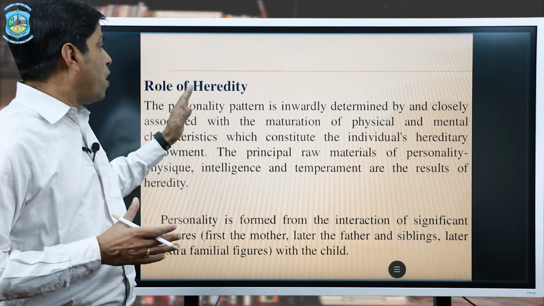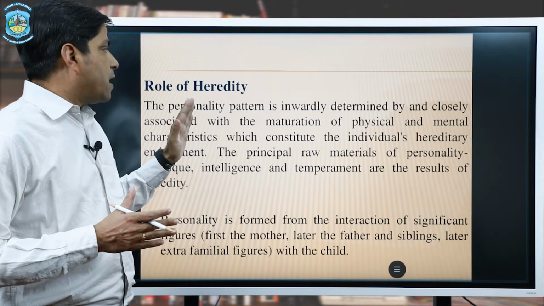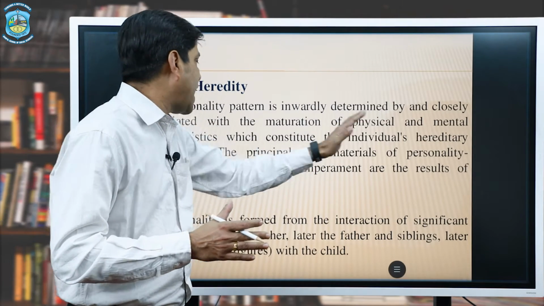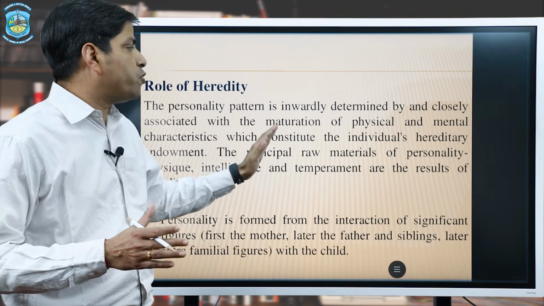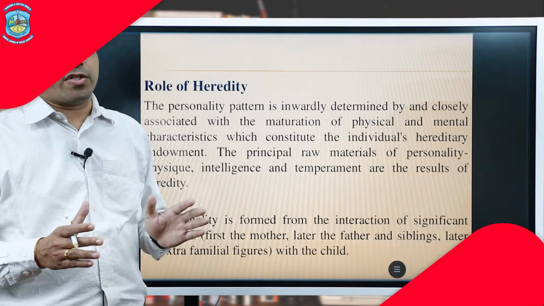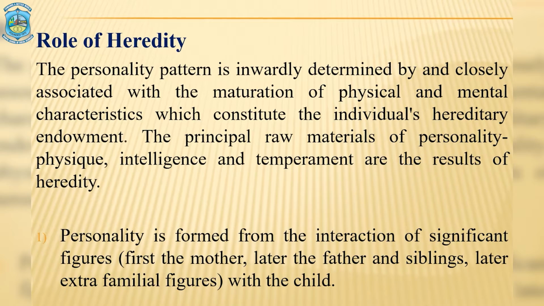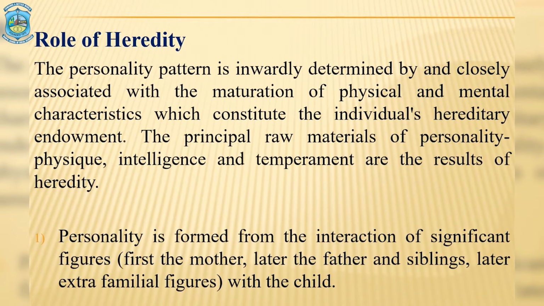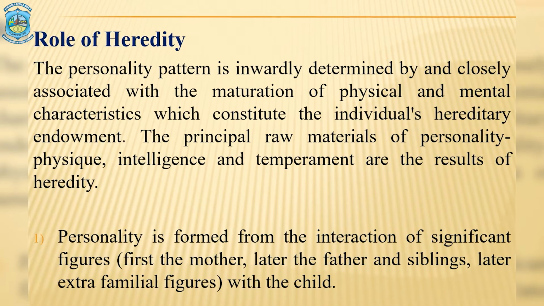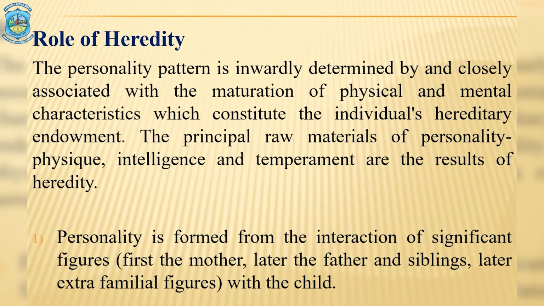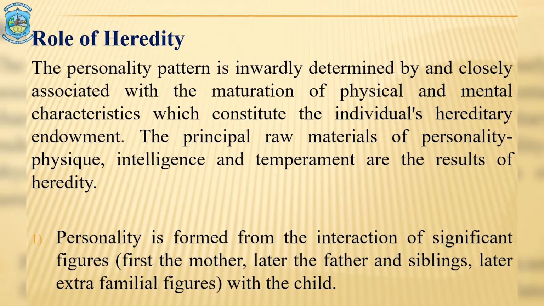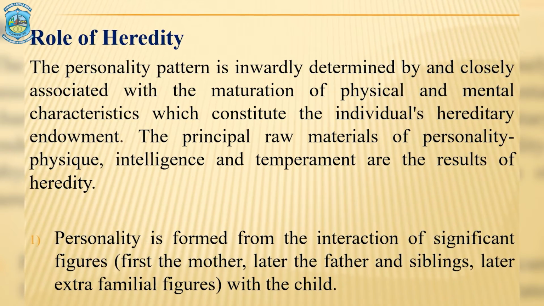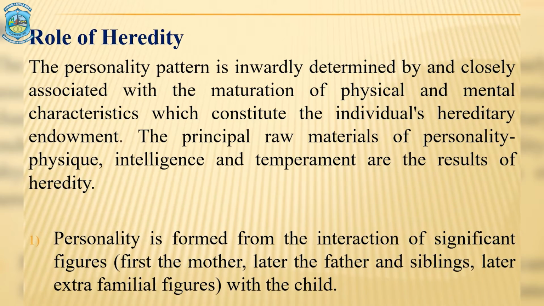So, here comes the role of heredity, which is inwardly determined and closely associated with the maturation of physical and mental characteristics, which constitute the individual's hereditary endowment. The principal raw material of personality, physique, intelligence and temperament are all results of heredity. How the individual's appearance will be, how the individual will look, how the individual's traits and types of personality will be, are determined by heredity.